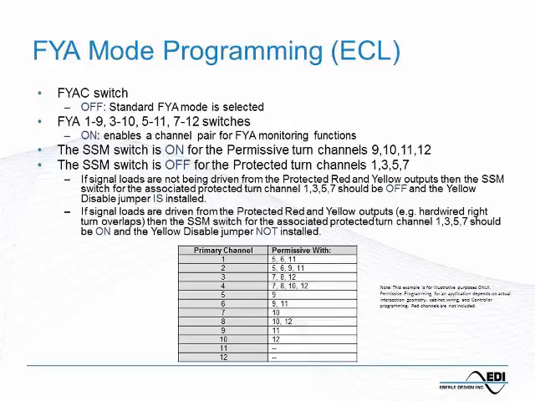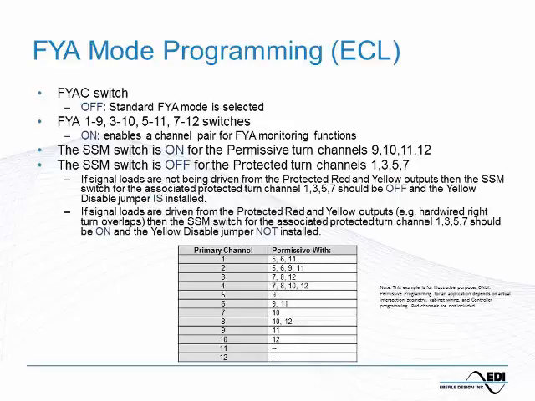So the subtle difference here is that the SSM switch for channels 9, 10, 11, and 12 control the monitoring function for the flashing yellow arrow 4-section signal, and the SSM switches for channels 1, 3, 5, and 7 only affect channels 1, 3, 5, and 7. So in that case, the green arrow is kind of shared between both the channel pair and the channel itself.